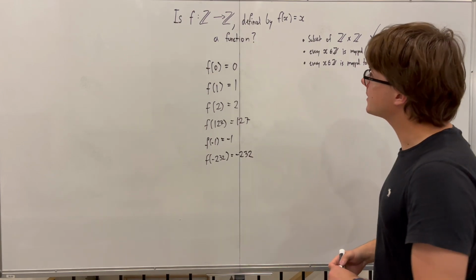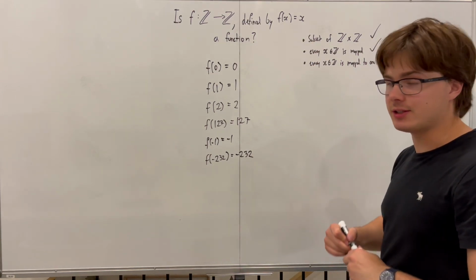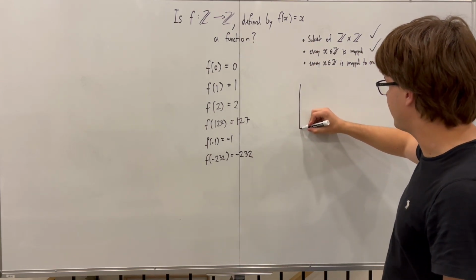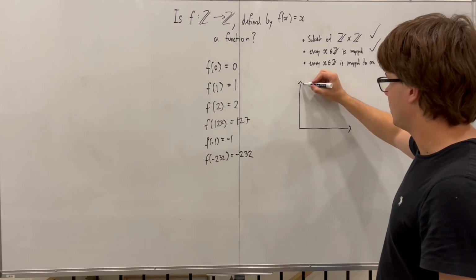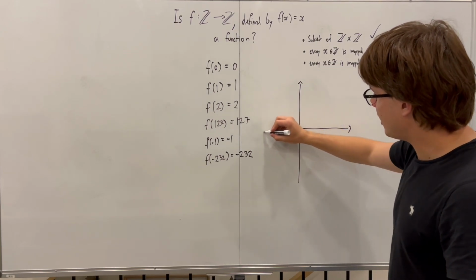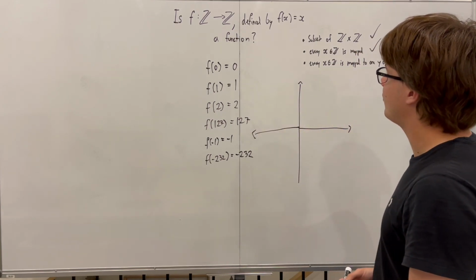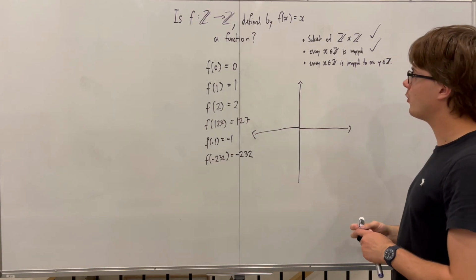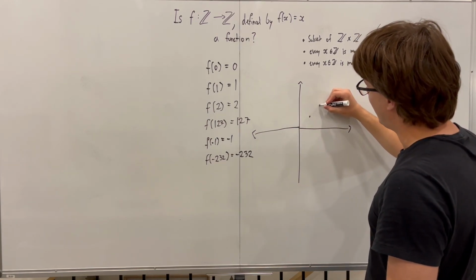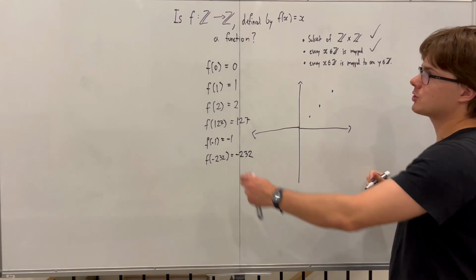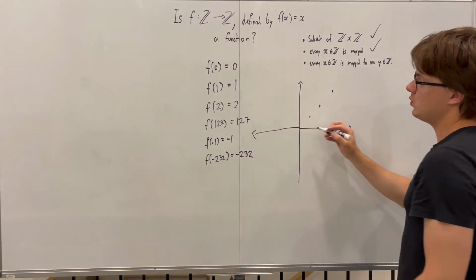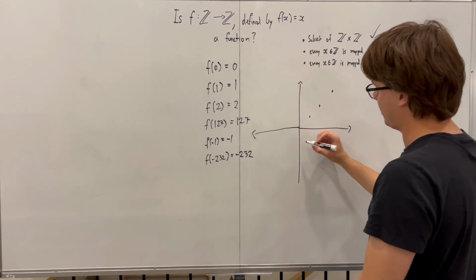Another way to have checked this is you can maybe try graphing this and using your high school method of the vertical line test. So here I'm going to have our function. Now this is a function from an integer to an integer, which means we can't really draw a continuous line.